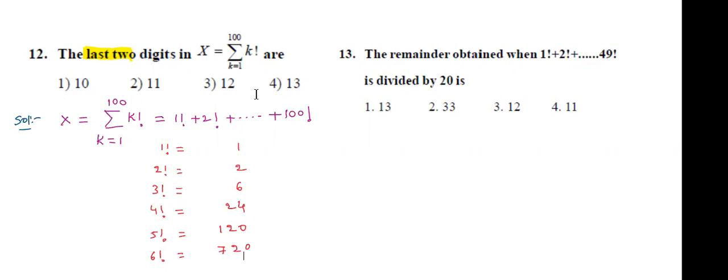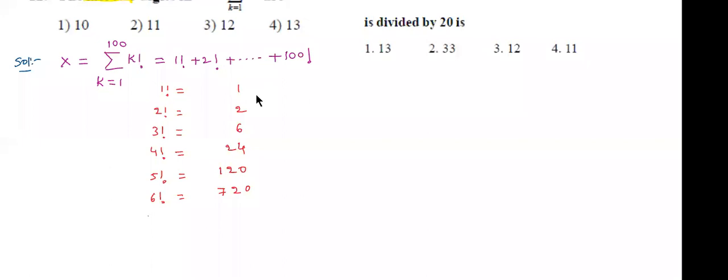Then what is 7 factorial, students? 7 factorial is 5040. Next, 8 factorial: 5040 multiplied by 8, then you will get 40320.